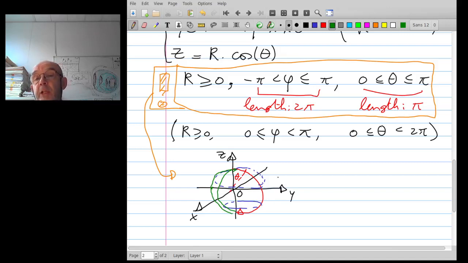So this half of a circle is rotated around the z-axis and you get your sphere.